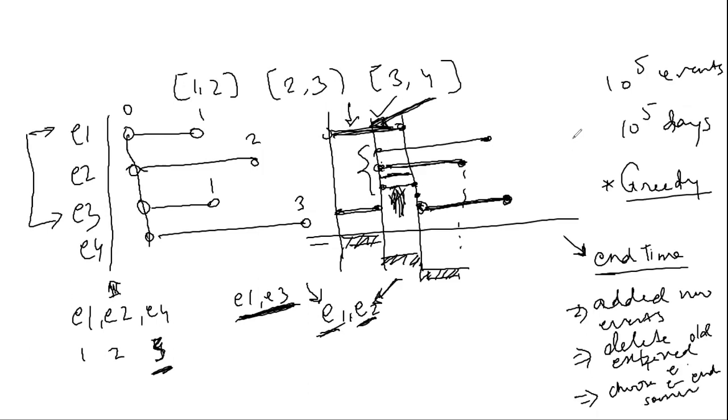So which data structure can help you do these things? I think it's a priority queue. Yeah, with the priority queue, we can find the earliest ending time. The first step is to sort the events by start time.